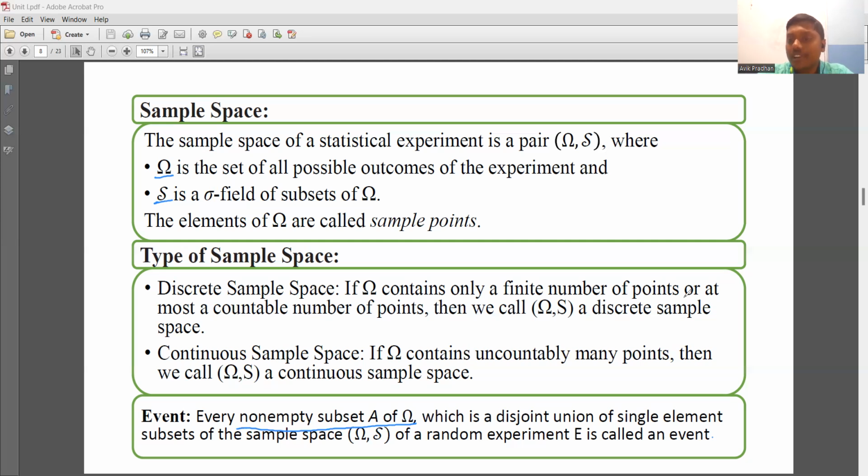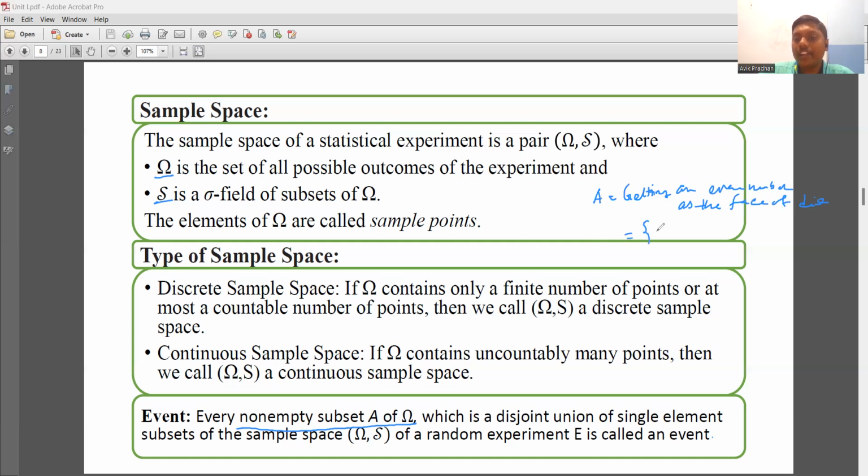Now if I consider the event A as getting an even number as the face of a die, then what will be this A?